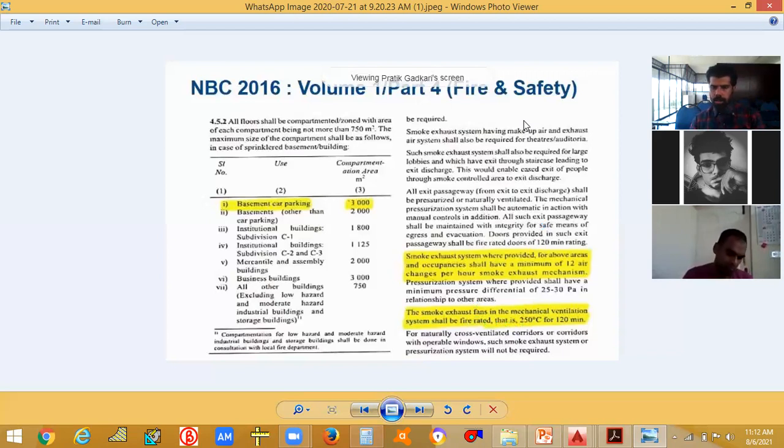Just write only the highlighted thing. That is enough.